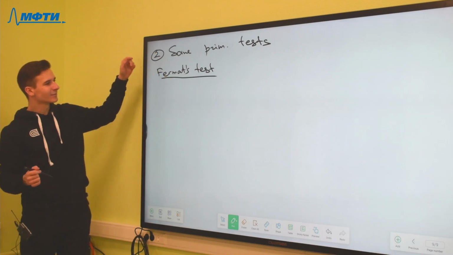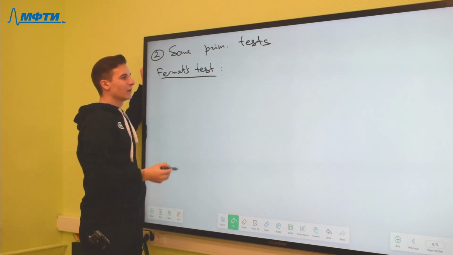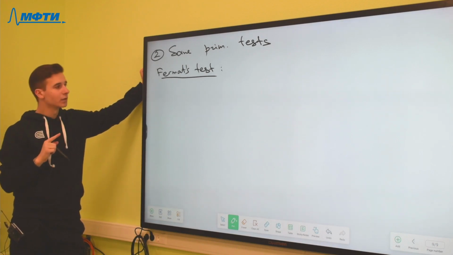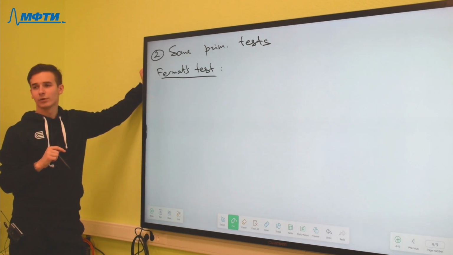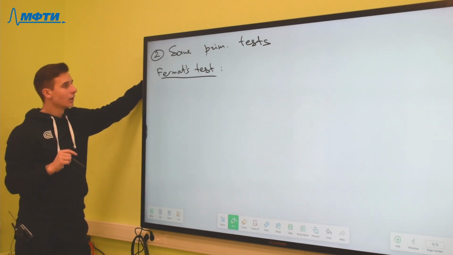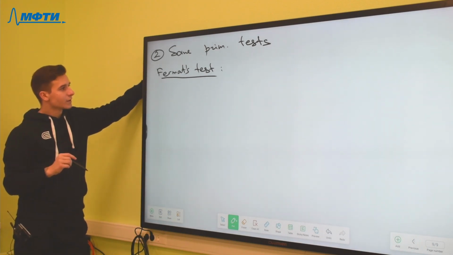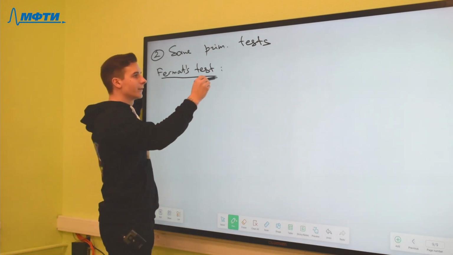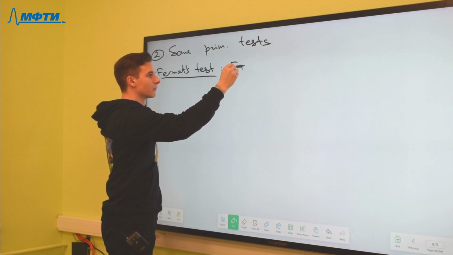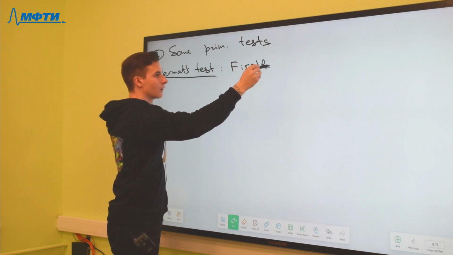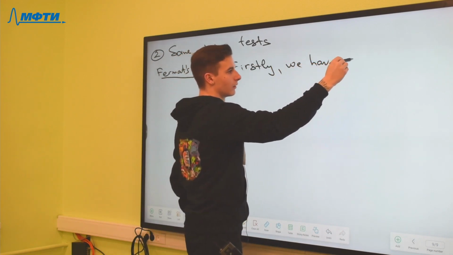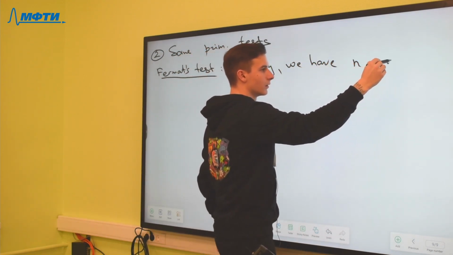It is understandable. And it is a probabilistic test to determine whether we have a prime number or not. What is the working of this test? Firstly, we have an integer number.